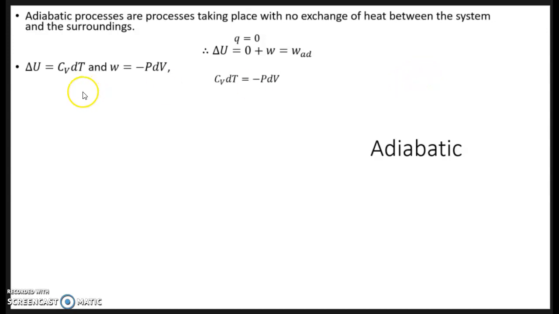Okay, so we recall that the change in internal energy is the molar heat capacity at constant volume times change in temperature, and that work is minus P dV. So in an adiabatic process, where all the internal energy is used to do work, Cv dT is equal to minus P dV.